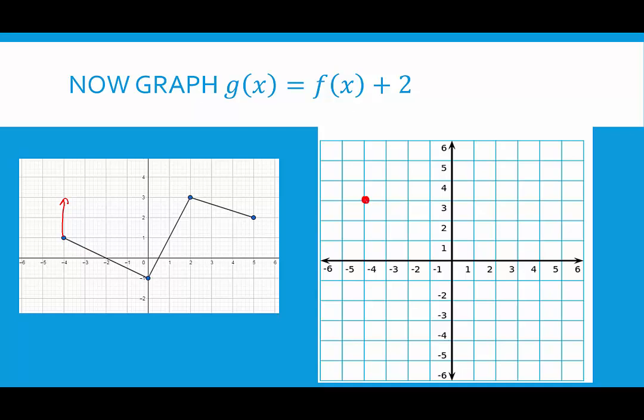Then (0, -1) is going to move up 2 units, so it'll be at (0, 1). And (2, 3) is now going to be at (2, 5), so up here. And lastly, (5, 2) is going to move up 2 units, so it will be at (5, 4). 1, 2, 3, right here.